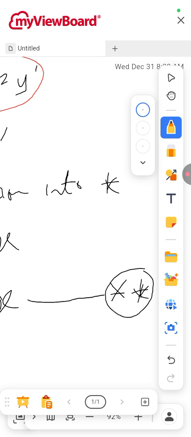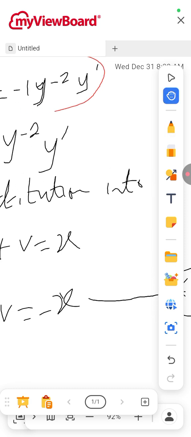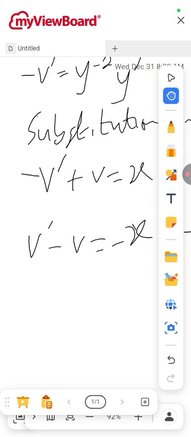So let me give it 2 asterisks because I'll come back to it later as well. So now that we are at this stage, the next thing we have to do is solve this using integrating factor.